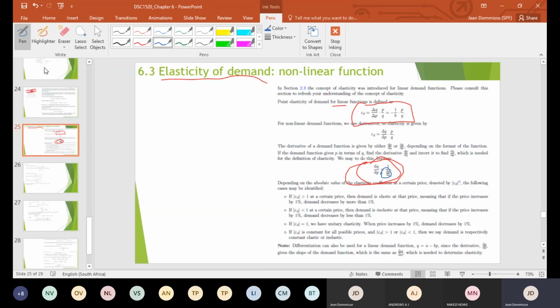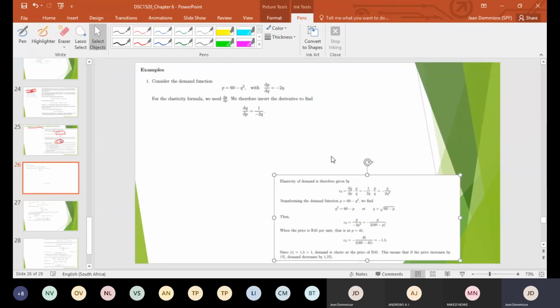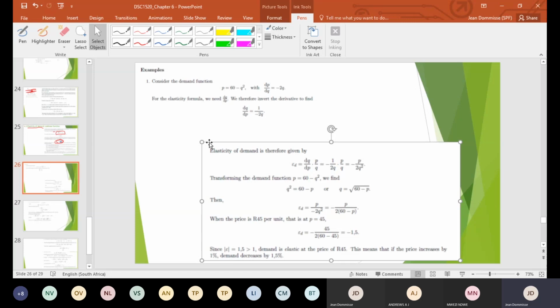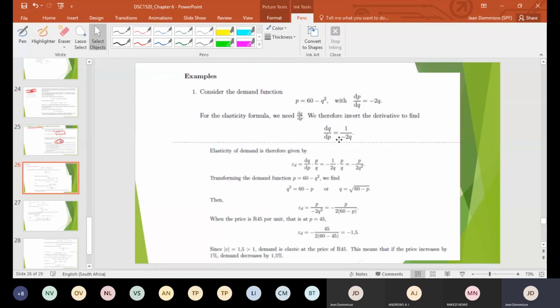So let's quickly go to one example. So what we've done here, let me make that also a bit bigger, so that one can see that more clearly.